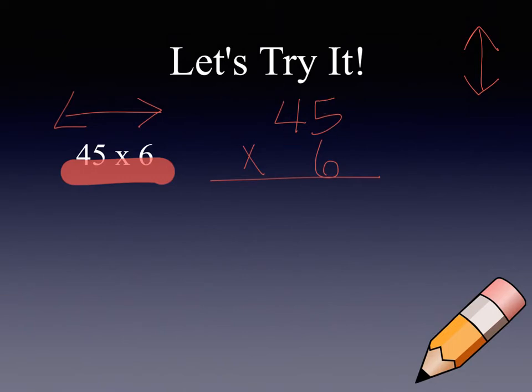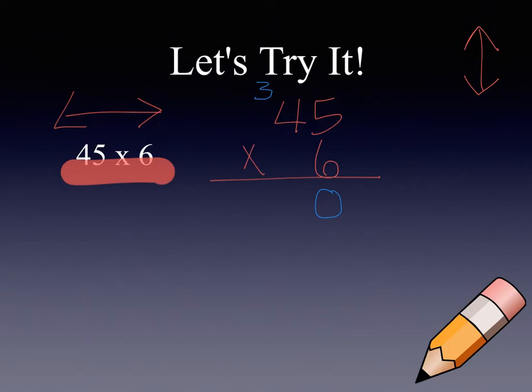So what I'm going to do first is start out by multiplying 6 times 5, because a ones place times a ones place is where we start. So 6 times 5 is 30. And so remember, just like we do addition, when we have a group of tens that we can't put in the ones place, we need to regroup. So I'm going to bring my 3 up here to the top over in the tens place because it's not really a 3, it's a 30.